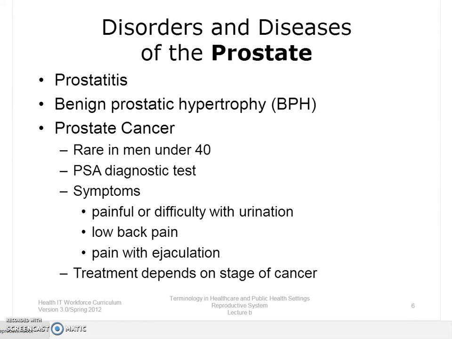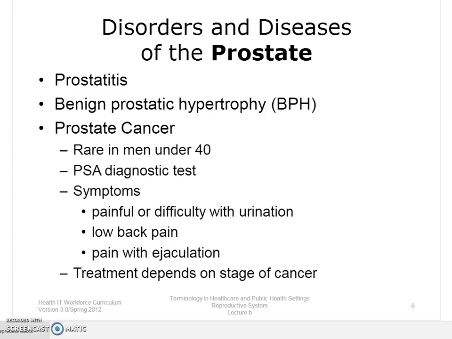Prostate cancer is the third most common cause of death from cancer in men of all ages. It is rare in men younger than 40. The levels of a substance called prostate-specific antigen, or PSA, are often high in men with prostate cancer, but it may also be high with other prostate conditions.